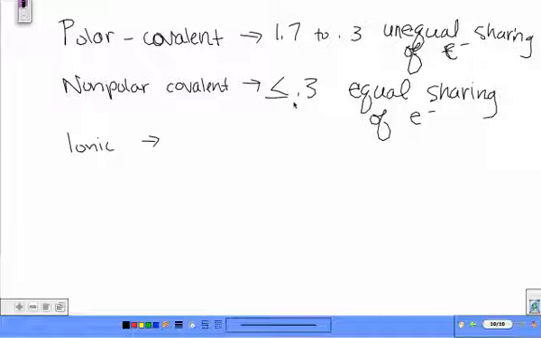If it's 1.7 exactly, it'd be polar covalent. So this one has to be greater than 1.7. So for polar covalent, it has to be greater than 0.3, but less than or equal to 1.7. Is that correct?